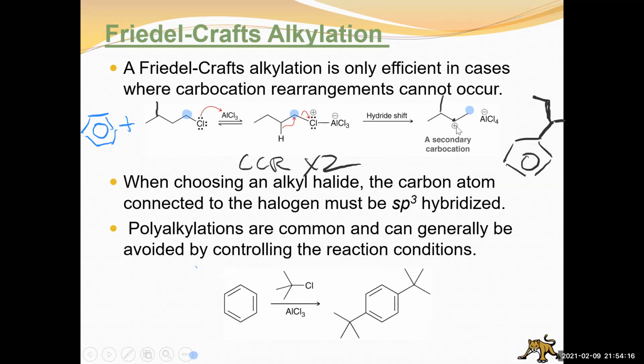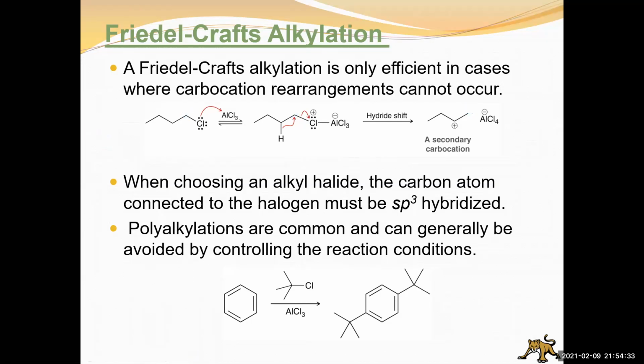And then you're not going to get this product. You'd have methyls in 2 directions, but it's because I changed the molecule by adding a methyl group to give you an even more stable situation. So be aware of the carbocation rearrangements in that.